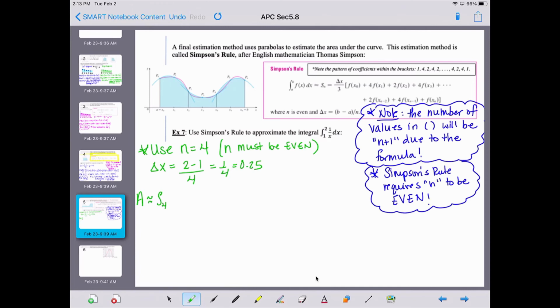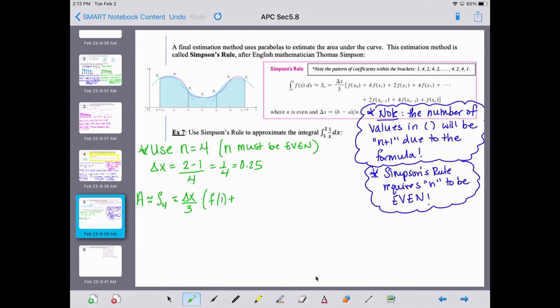And the rule says that you've got your delta x divided by 3 out in the front, and then it's the first endpoint. So since we're going from 1 to 2, it's going to be f of 1. There's a coefficient of 1 in front of that.